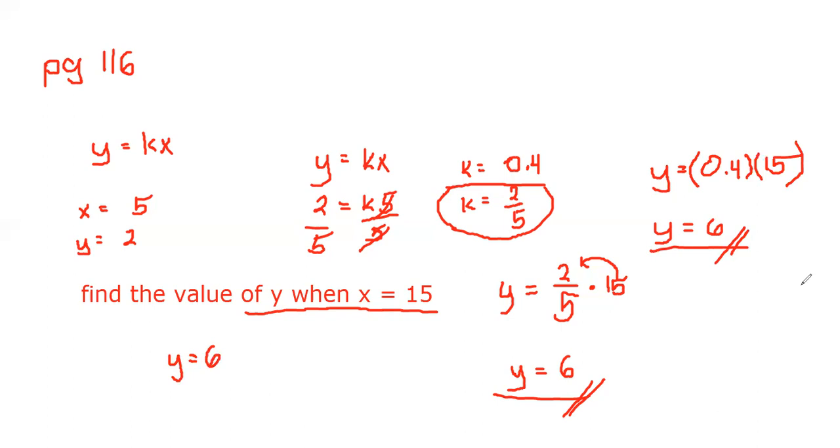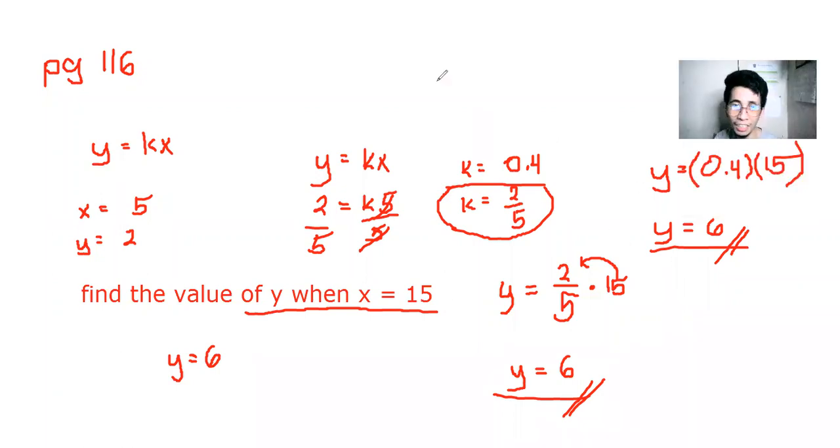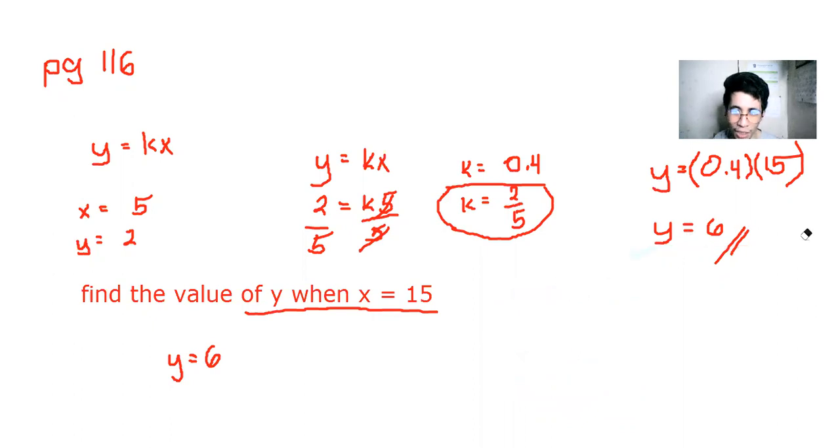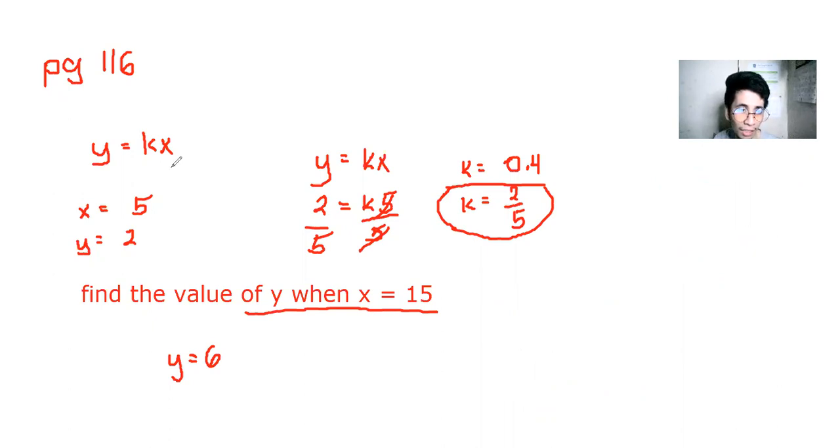Understood? There is also another technique, the easiest technique of all. If they are in direct variation, you can use x over y equals x over y: x sub 1 over y sub 1 is equal to x sub 2 over y sub 2.